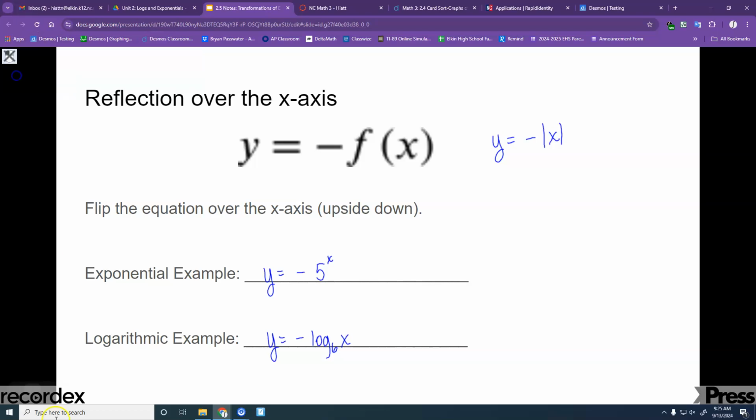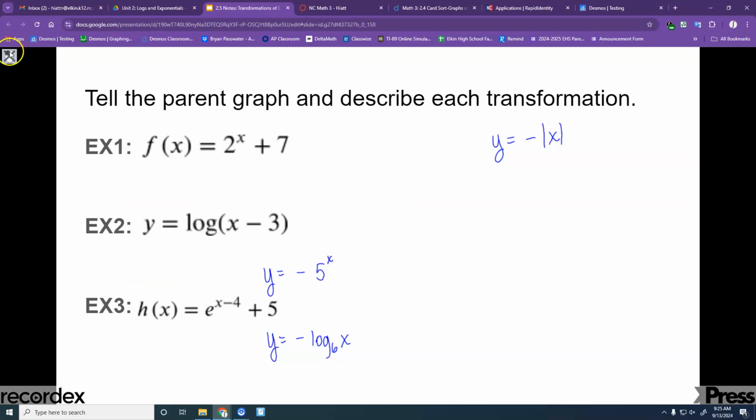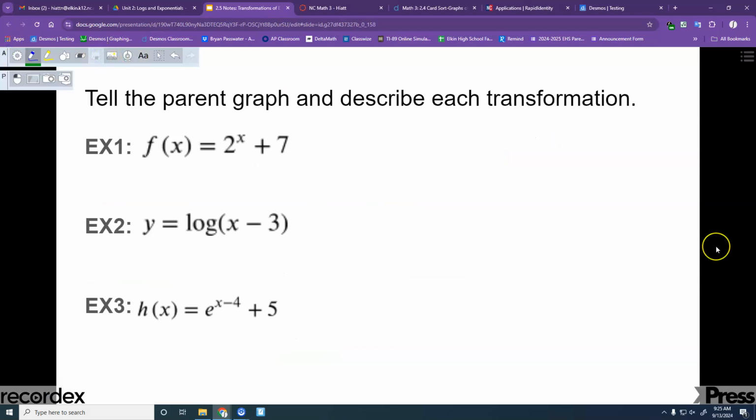Let's look at some problems here. For each one of these, we are supposed to tell the parent graph and describe each transformation. If it is an exponential, you are looking for the number raised to the power. This part right here is not a transformation.